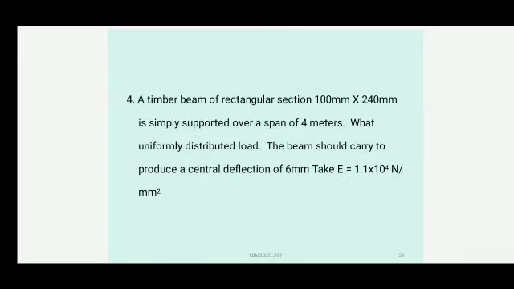Fourth problem: a timber beam of rectangular section 100 mm into 240 mm is simply supported over a span of 4 meters. What uniformly distributed load should the beam carry to produce a central deflection of 6 mm? Take E equal to 1.1 into 10 to the power of 4 Newton per mm square.